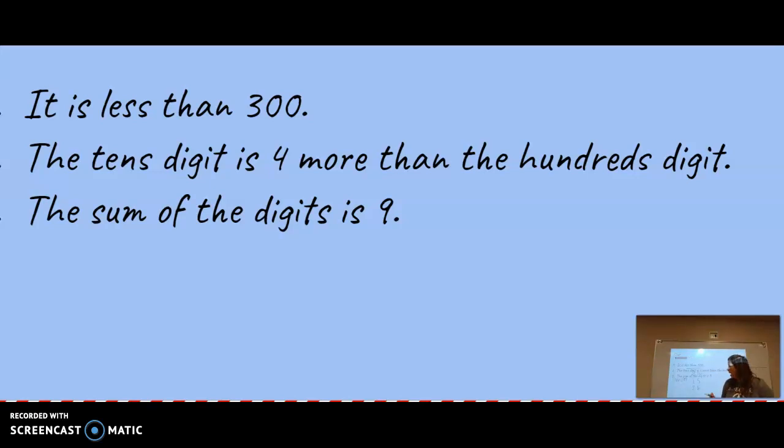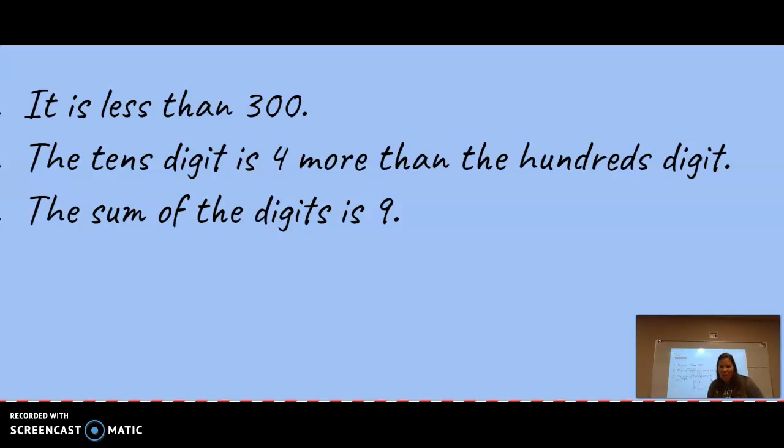So we know that this number and this number, and we're not sure what this number is, has to equal 9. Now, remember when I was going over the goals, I told you that sum means you are going to add. So we are going to add 1 plus 5 plus what to get to 9? All right, so you would do 1 plus 5 equals 6.